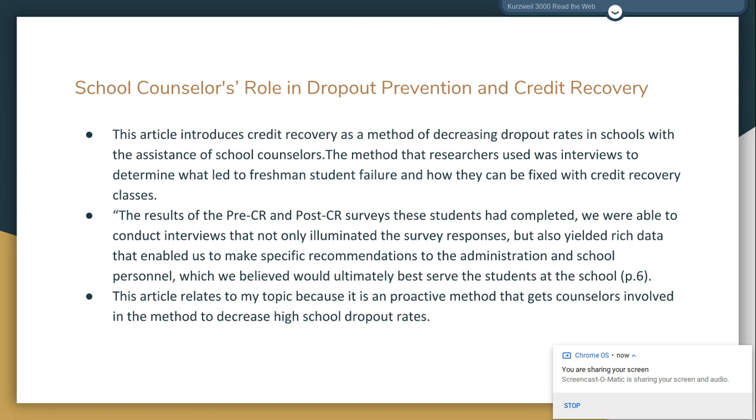The last article that I reviewed was a school counselor's role in dropout prevention and credit recovery. This article related to my topic because it took the counselor's position and wanted to move it to a more leadership role where the counselors are proactive. The high school counselors are proactive towards the middle schoolers to see where they are in their educational pathway.